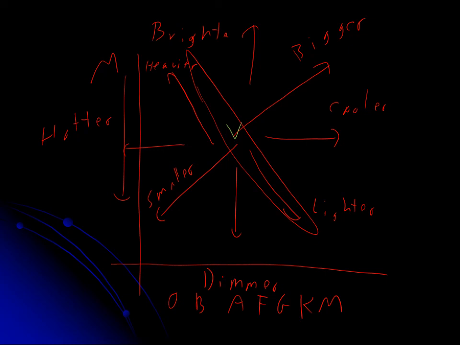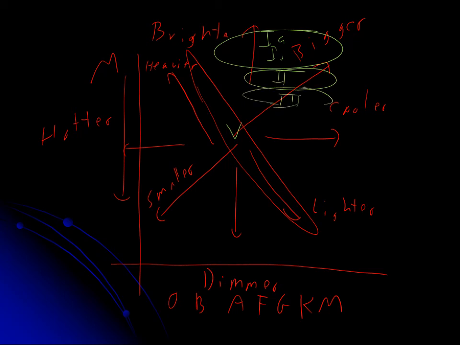Up here are Roman numeral 1A and 1B, and then we have 2, and then 3, and then down in here is 4. So when you are looking at that table of data, you can imagine this diagram right here.